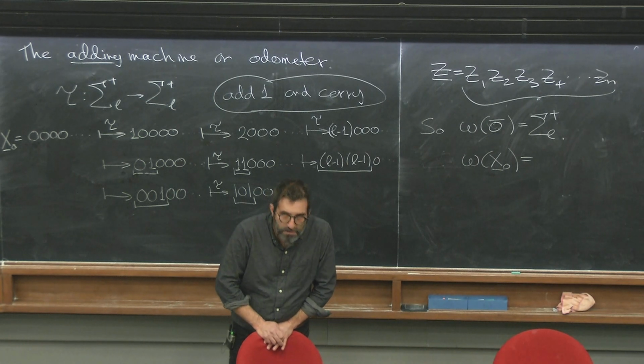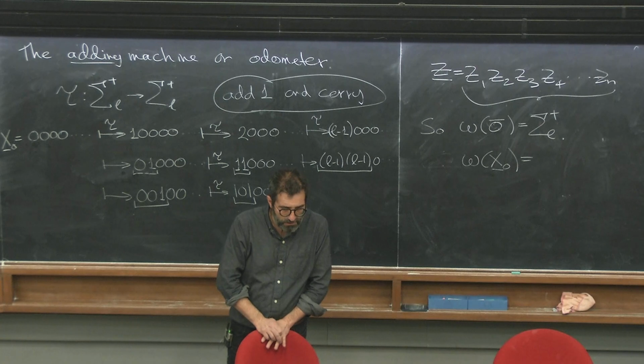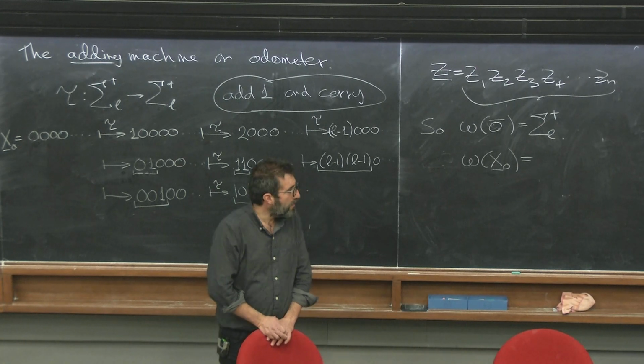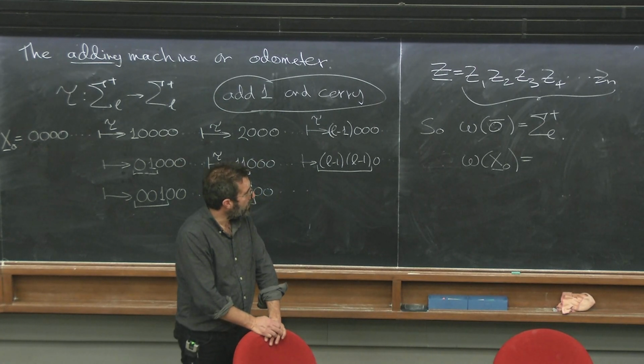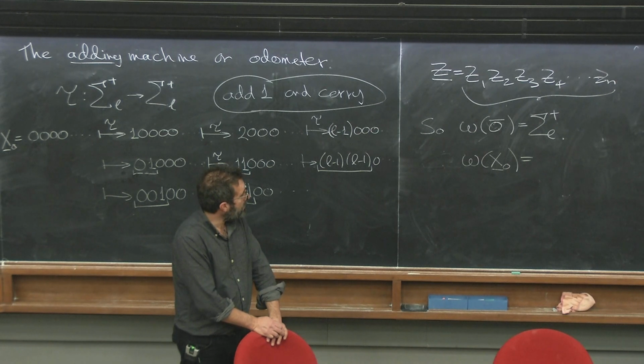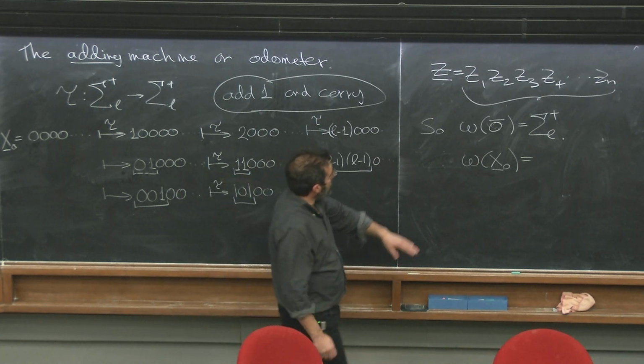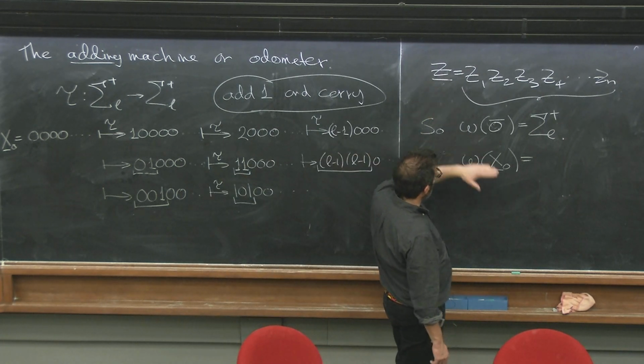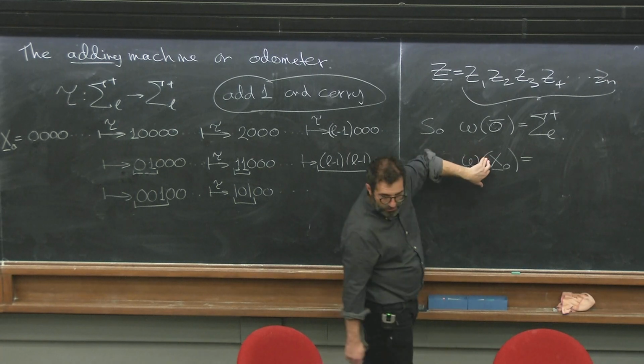Sorry, the sound is not so good here. The term before x naught will not be a limit point. Sorry, Ling, is your statement that z bar will not be a limit point of the orbit of x naught? Is this what you're saying?